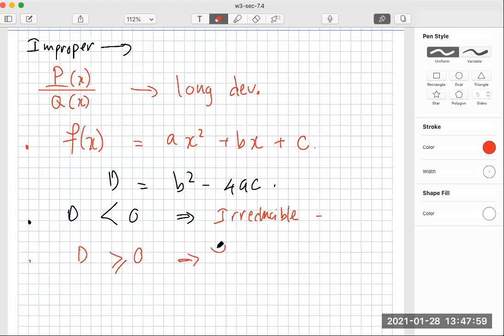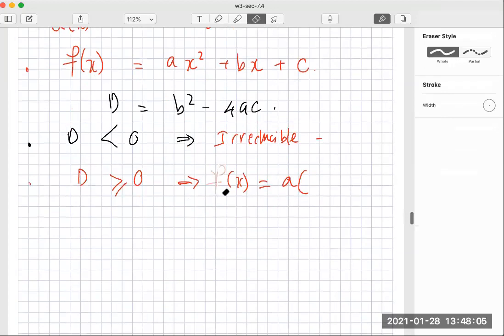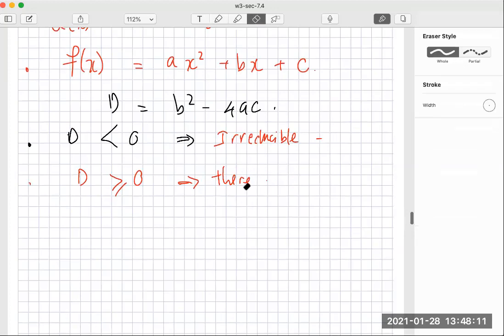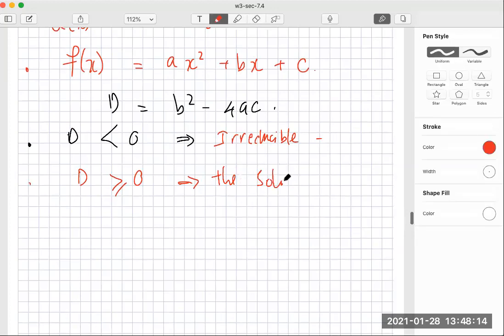Then we can write f of x is a. So there are two solutions. Let me write it here. So we have the solution x1, x2 will be minus.